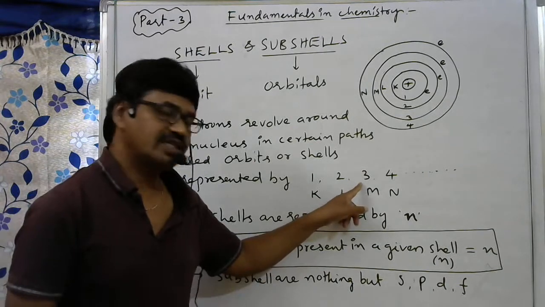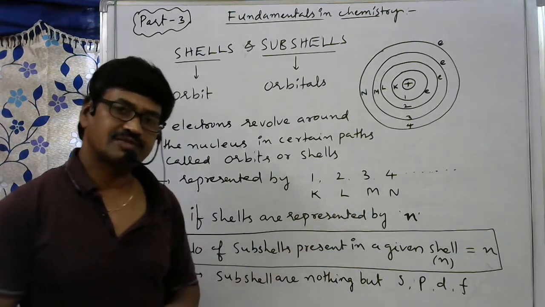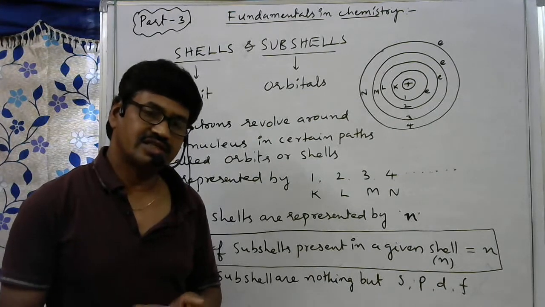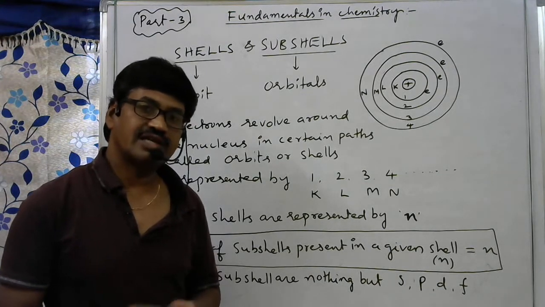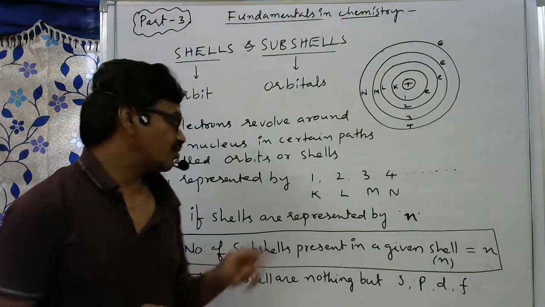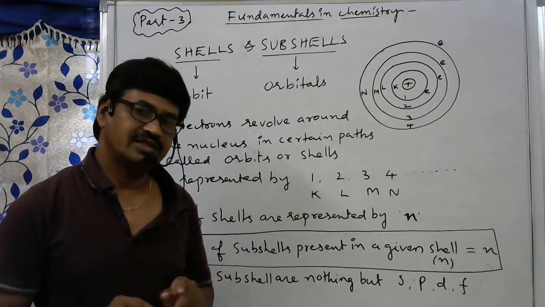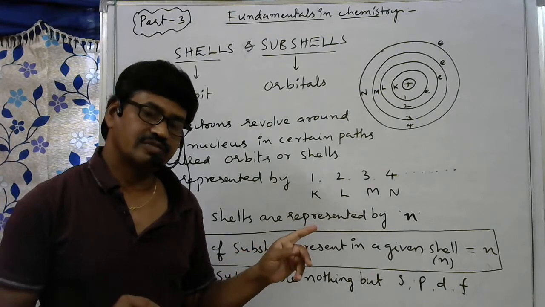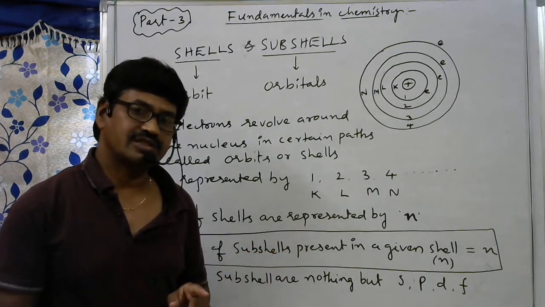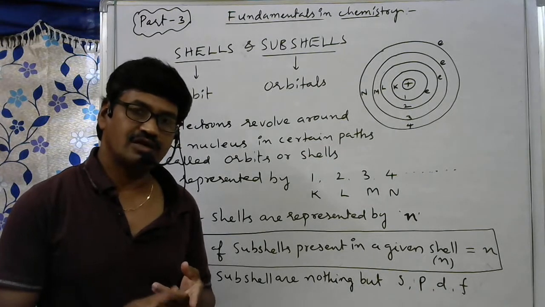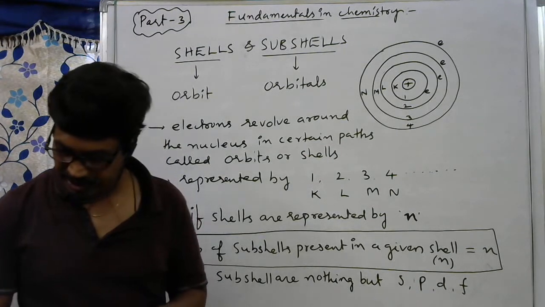If n equal to 3, there are 3 subshells in the third shell: the 3s, 3p and 3d orbitals. In the fourth shell, n equal to 4, 4 subshells are present: the 4s, 4p, 4d and 4f orbitals.